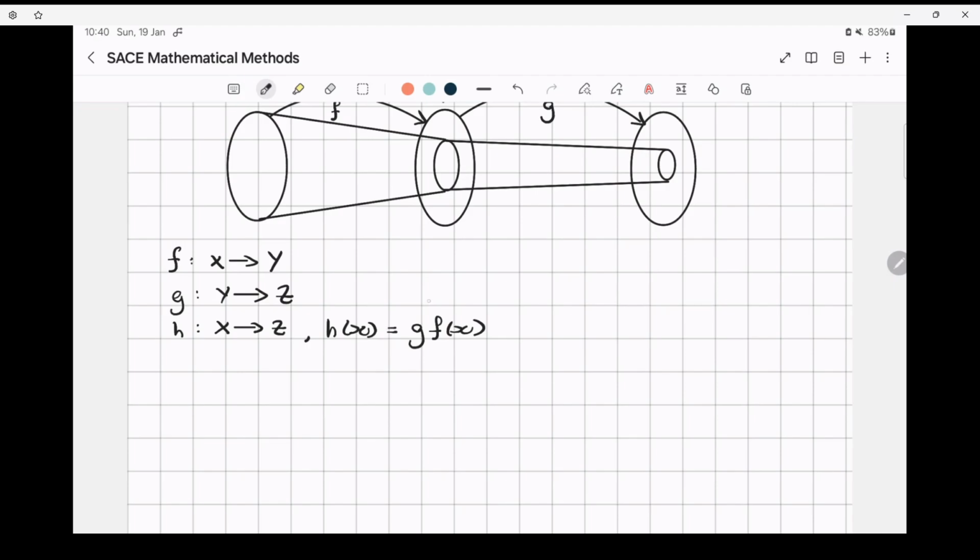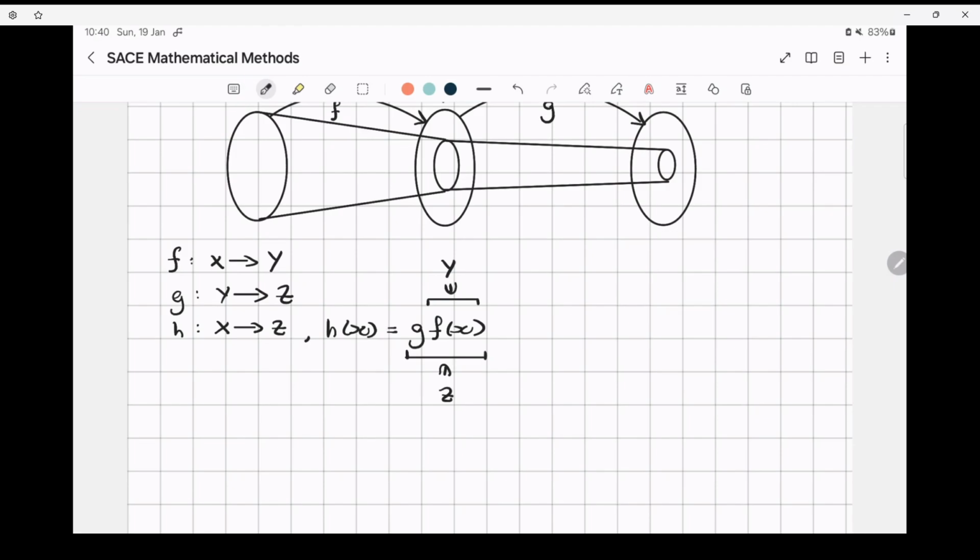So over here, f of x is in Y, and then the whole thing, g of f of x, this one is in Z.